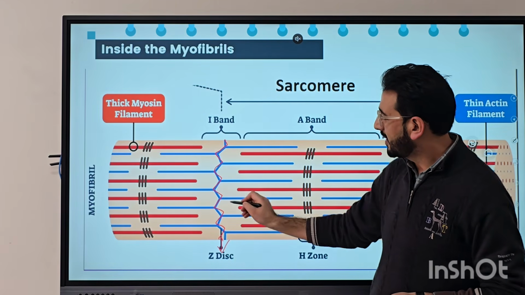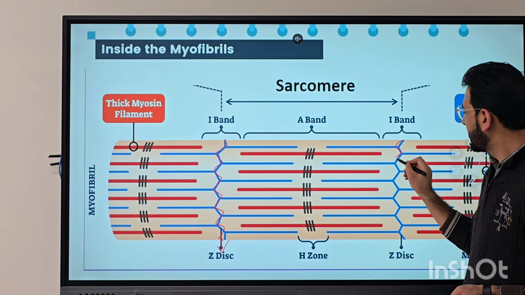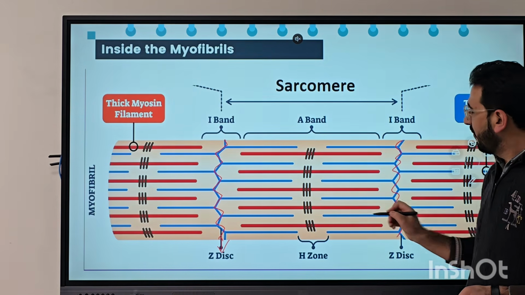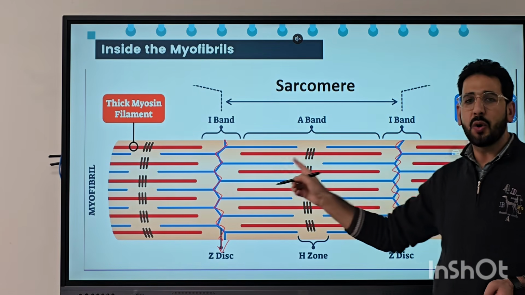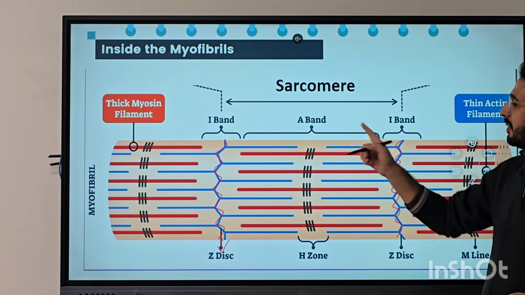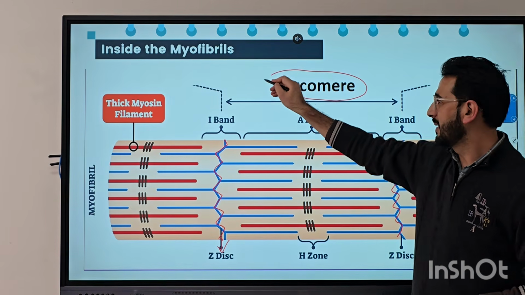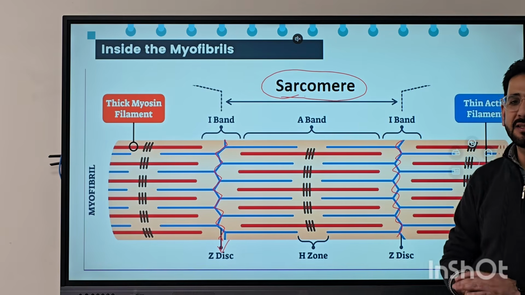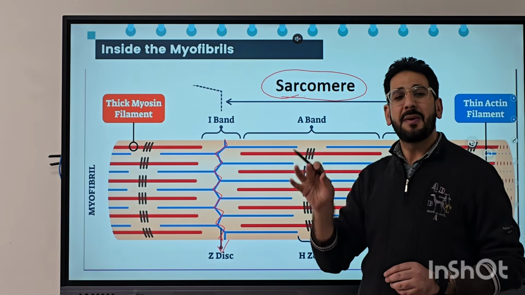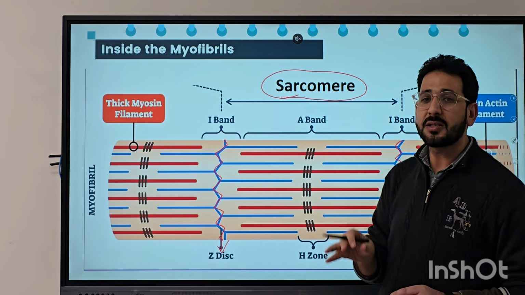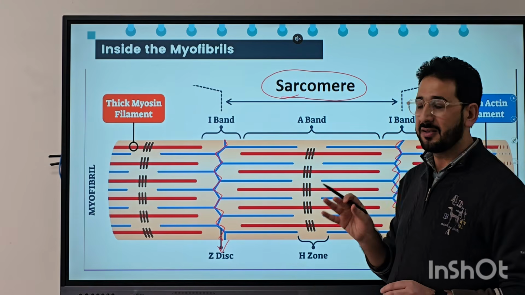We have the Z disc here, and we have the Z disc here. And from one Z disc or Z line to another Z disc or Z line, this whole structure is called the sarcomere. I'm repeating this because the sarcomere is the basic functional unit and the smallest contractile unit inside the cell.